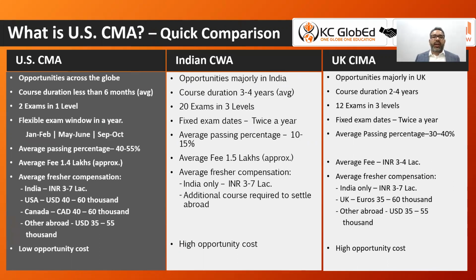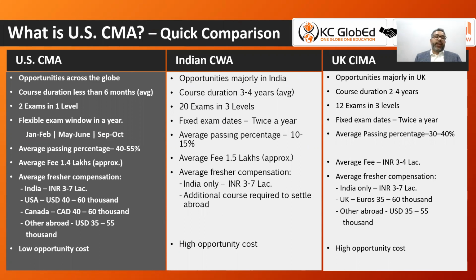That means on an average, you would be 30 to 35 lakh rupees ahead of your peers in terms of savings. And in terms of career path, you would be 3 to 4 years ahead of your peers who would be starting CWA or UK CIMA with you.